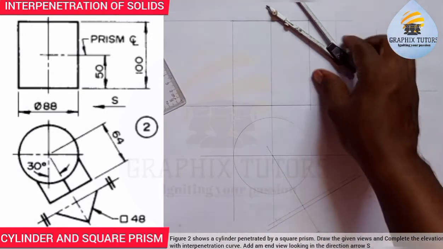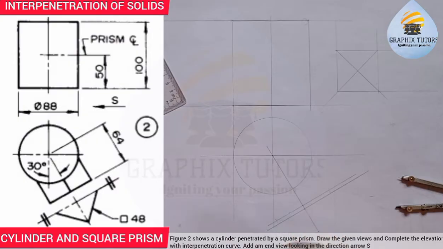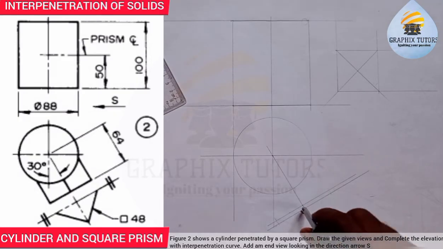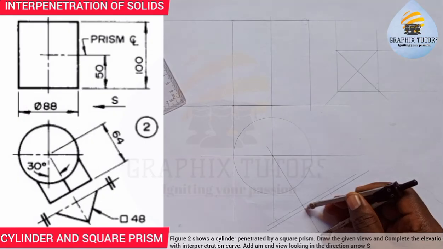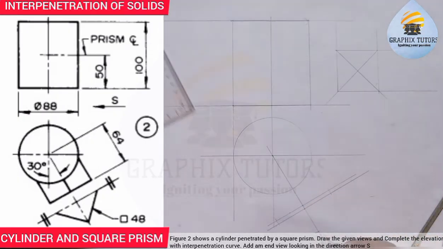So I'll come back here. So let's mark the 48. So we already have it here. This is from here. 48. And 48. Then here is 48. So this is what I actually need here.